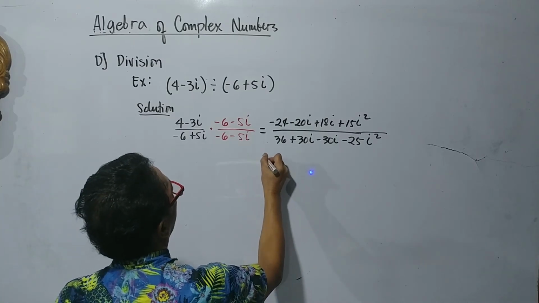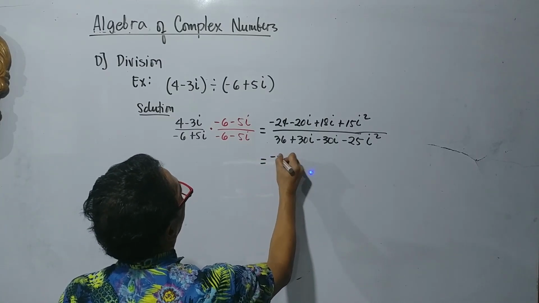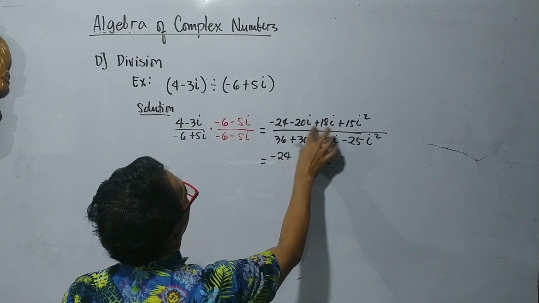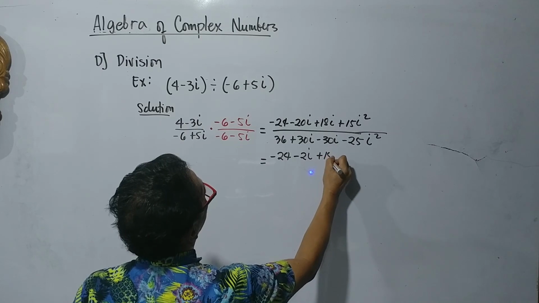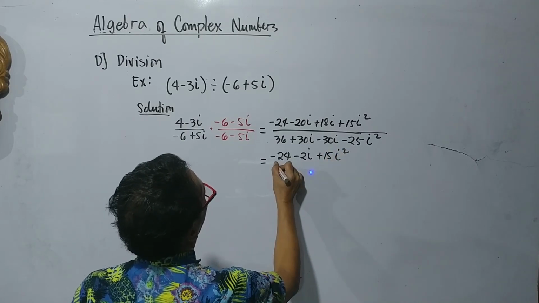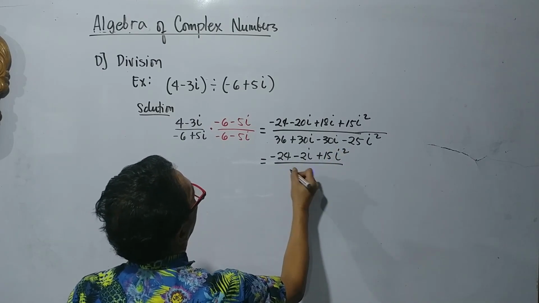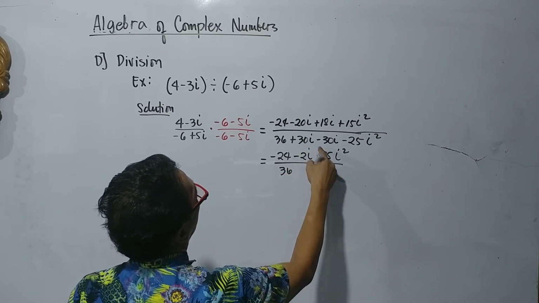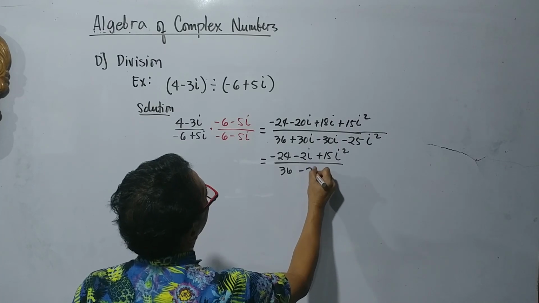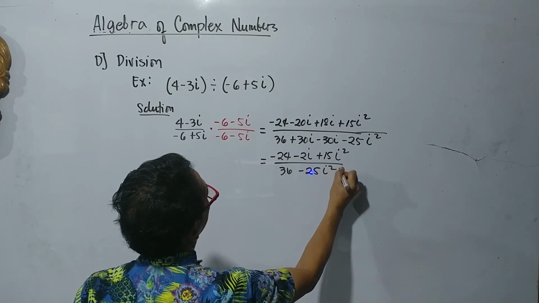Then simplify. So we have negative 24, negative 2i plus 15i squared over 36, 0, minus 25i squared.